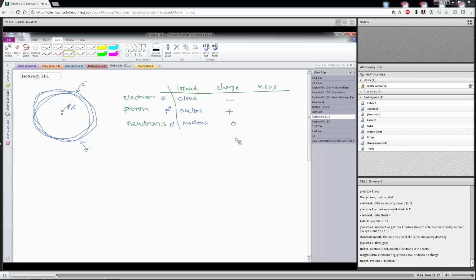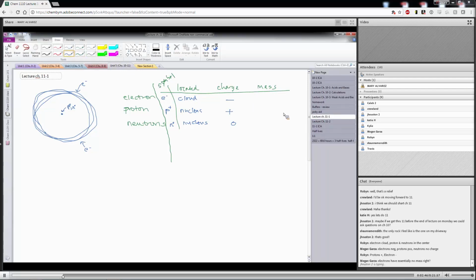Excellent. What about mass? Look at the symbol. Electrons have, yes, essentially no mass. That doesn't mean they really are massless. It's just so small compared to protons and neutrons that for the purposes of significant figures, it's essentially 0.